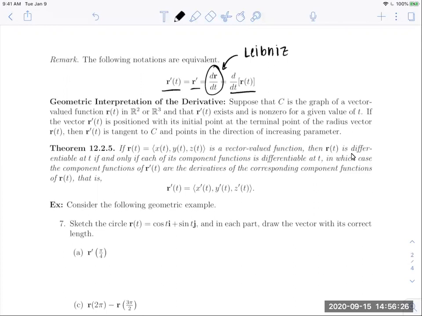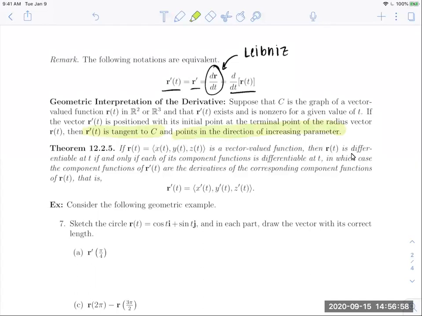Okay, so if that's the case, if we position the derivative vector r prime of t with its initial point at the terminal point of the vector r of t, so that is where r of t ends, we want r prime of t to begin. Then geometrically, what's going to happen is this derivative vector r prime of t is going to be tangent to the curve, and furthermore, it points in the correct orientation. So these are 2 important things to keep in mind geometrically what's happening.